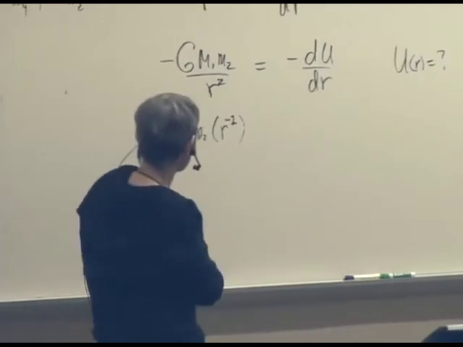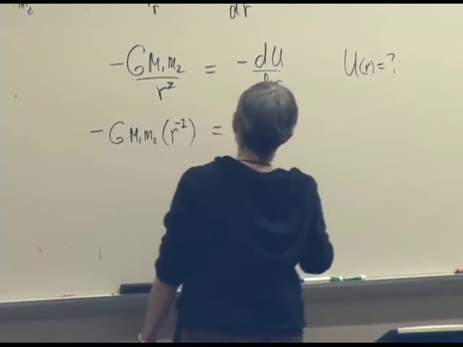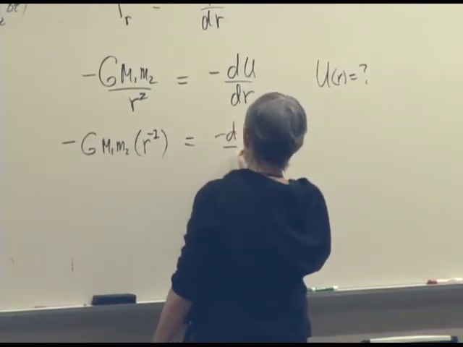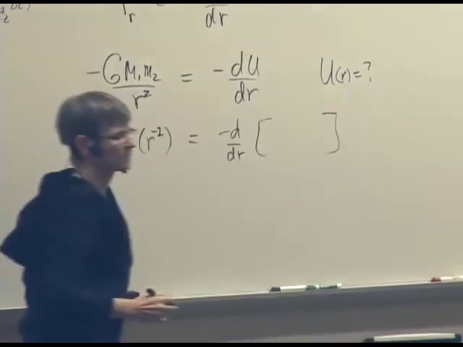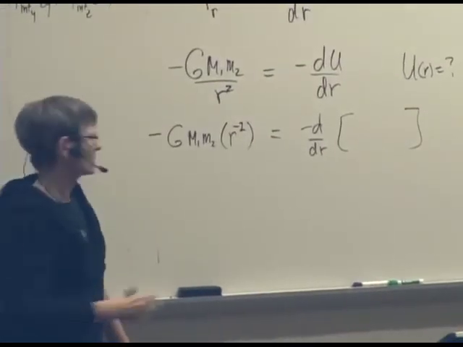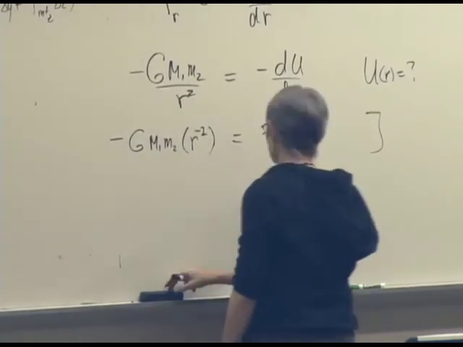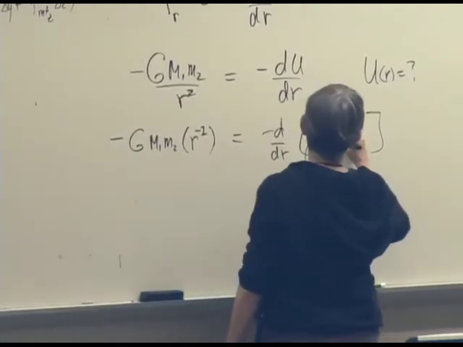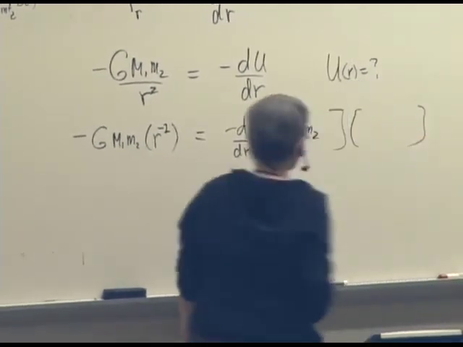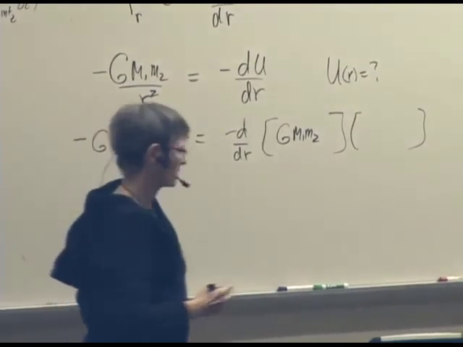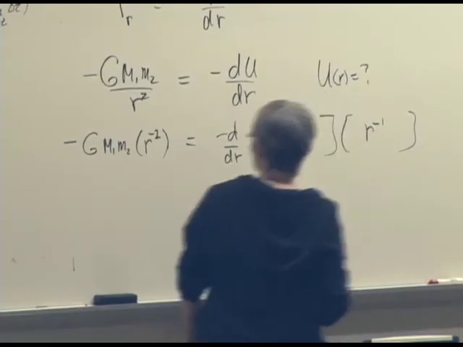You did, all right. Gravitational force, r squared. So it is minus d/dr of some function. It's clearly going to have a G M1 M2 in it, right? So we've got G M1 M2, and what else? What's the r part? Yeah, 1 over r to the minus 1.